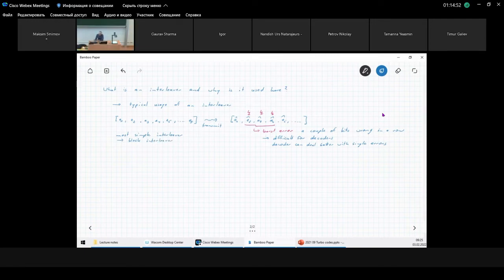For such a block interleaver, we could simply write in our data in rows of a matrix and read out the data in columns. So we basically mix up the order. This means we write A1, A2, A3, A4, A5, A6, A7, A8, A9.